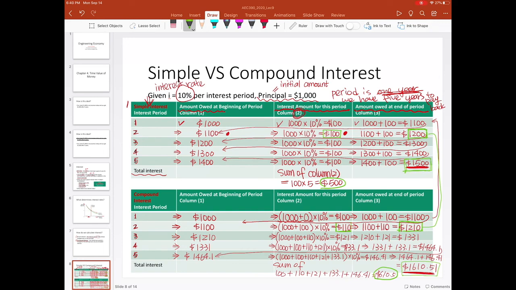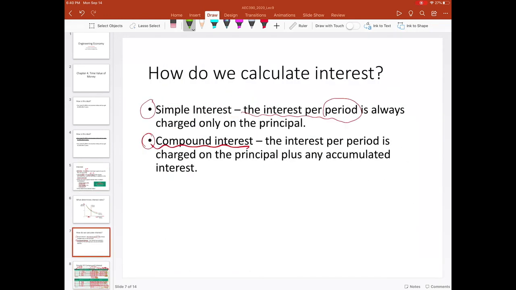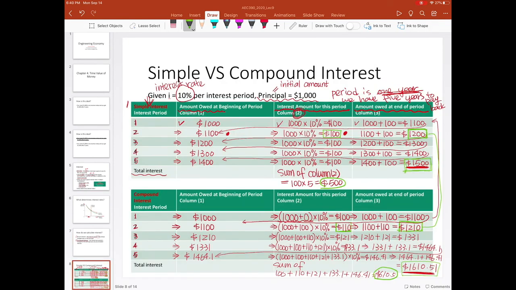Okay, so you can pause here and then go back to learn the definition of a simple interest and a compound interest, and then follow this calculation again to see if you can fill up this table by yourself. Okay.